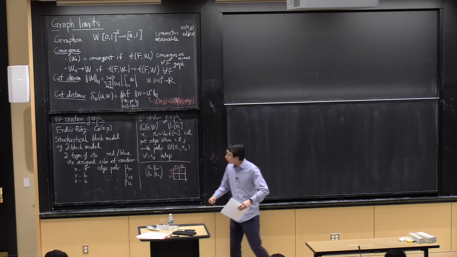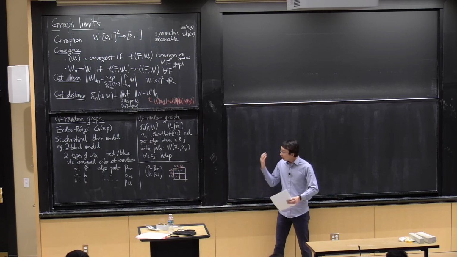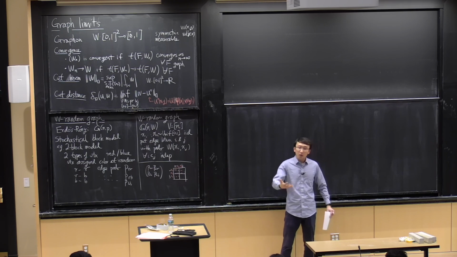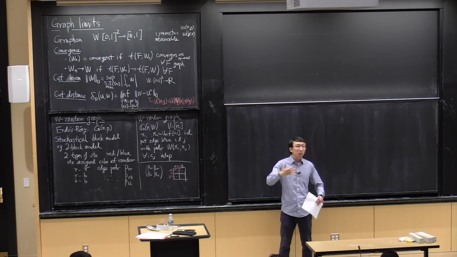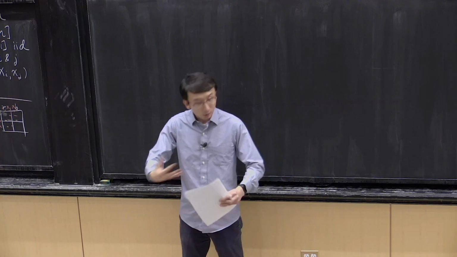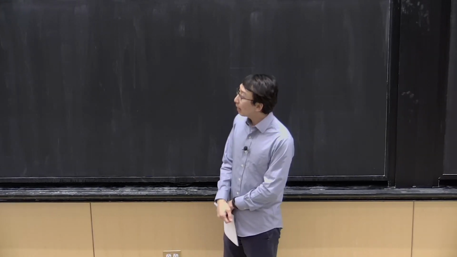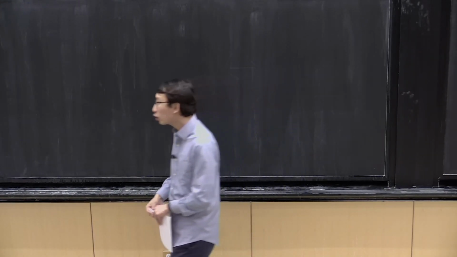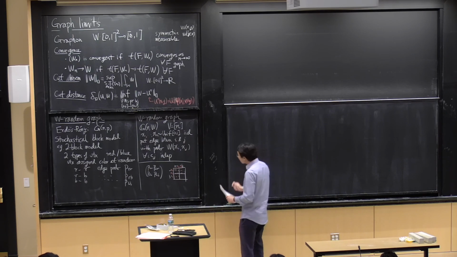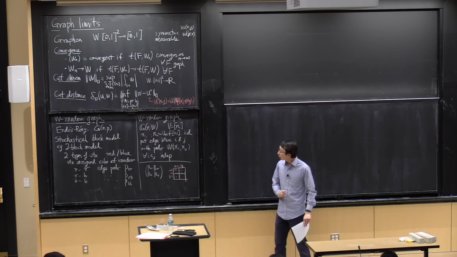So like before, an important statistical question is, if I show you the graph, can you tell me a good model for where this graph came from? Okay, so that's something that is one of the reasons why people in applied math might care about these types of constructions. But for us, let me talk about some theorems.